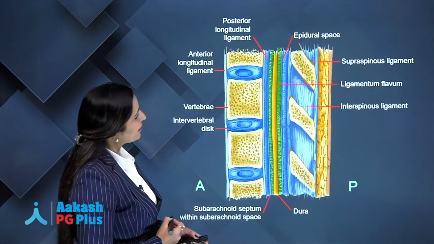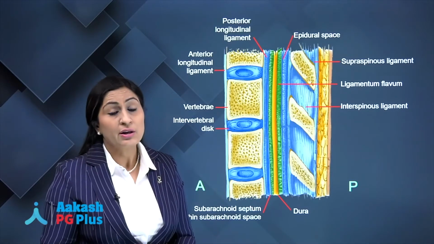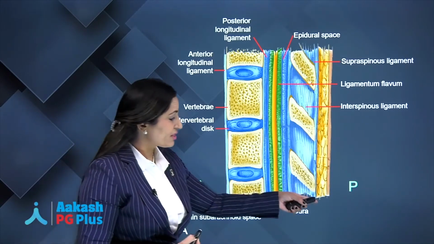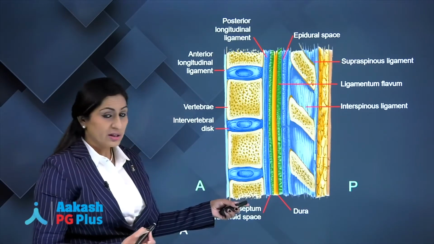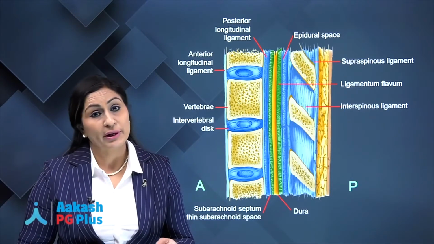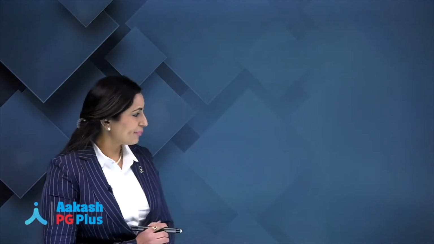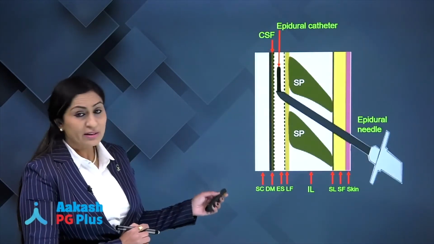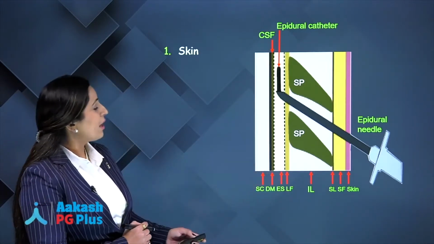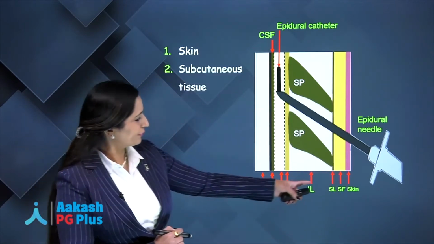So they have time and again questioned you about the structures that are pierced from posteriorly to anteriorly while giving a spinal anesthesia or performing a lumbar puncture. So these are the structures that are pierced while giving a spinal anesthesia. From posterior to anterior are skin, subcutaneous fascia, right?